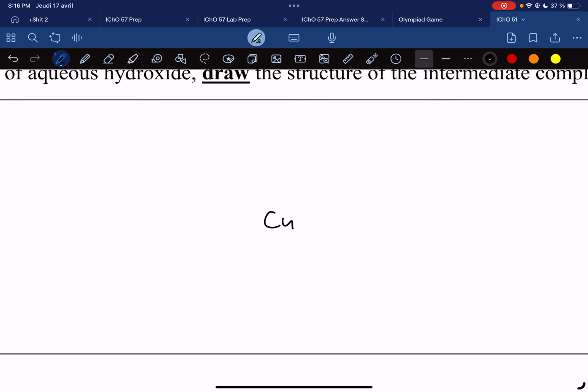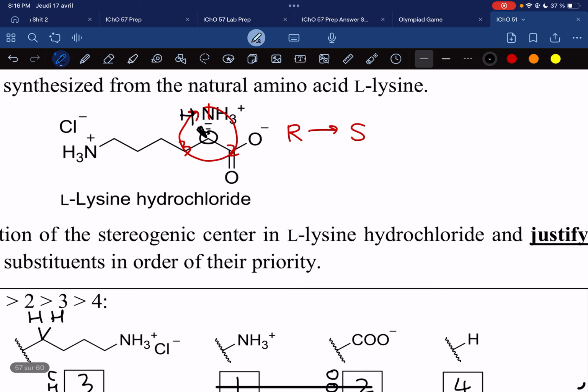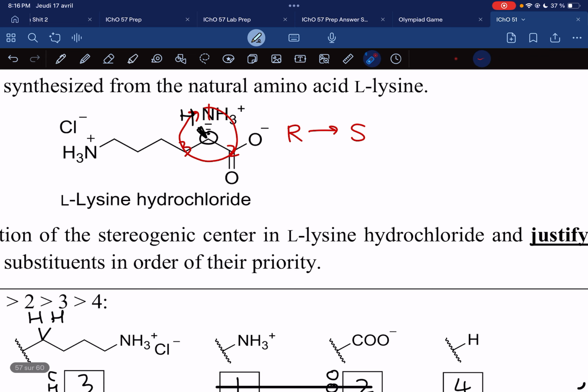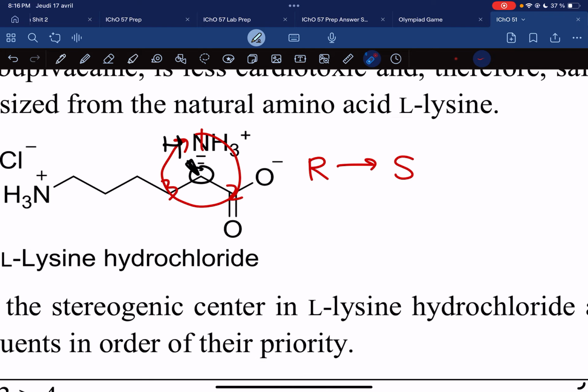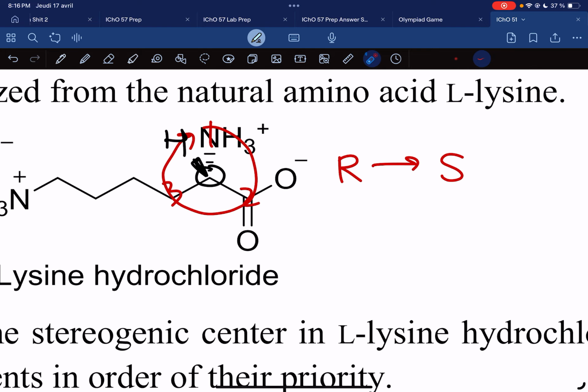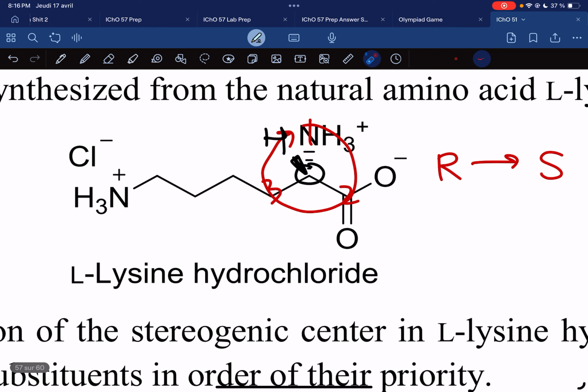So I have copper right here, the metal center connected to the 4 coordinating atoms. In this case, it's a bidentate, so let's choose our atoms, the coordinating atoms. Of course, our first atom that will coordinate is this oxygen from the carboxylate, and it's either this amine or this amine.